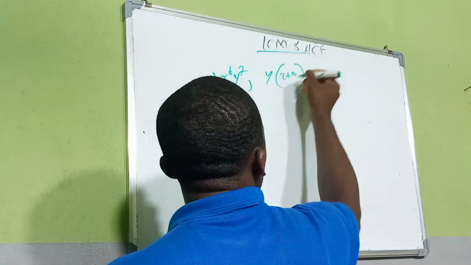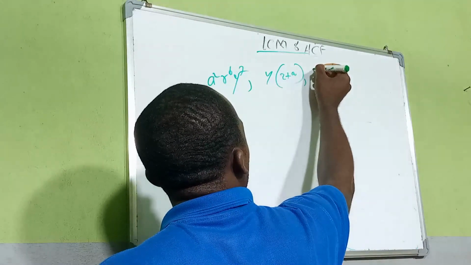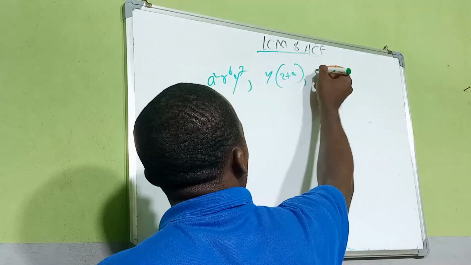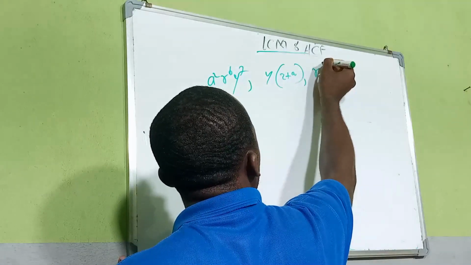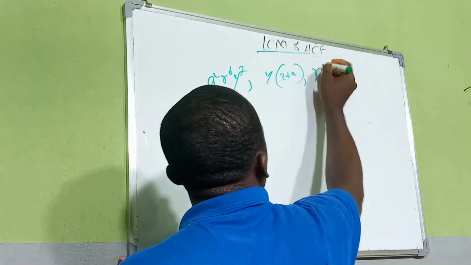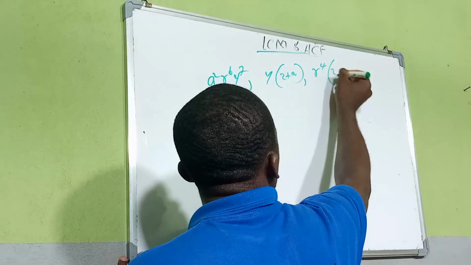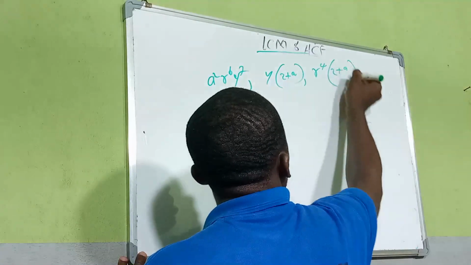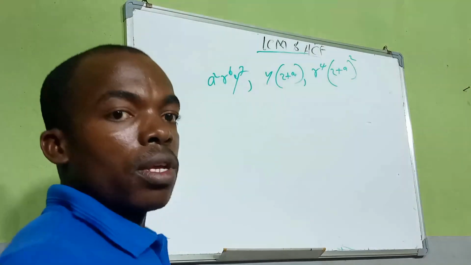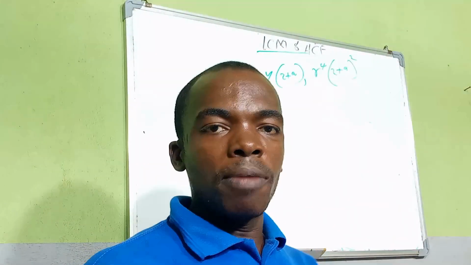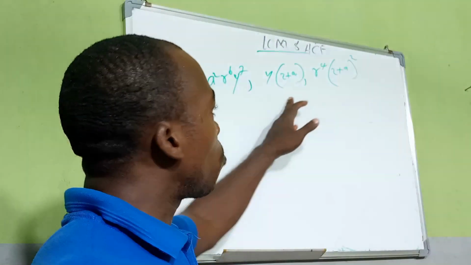Then we'll have another one again, R raised to power 4, something like this, open bracket 2 plus A raised to power 2, something of this nature. Then they say find the LCM. So this is another one that is giving problems.